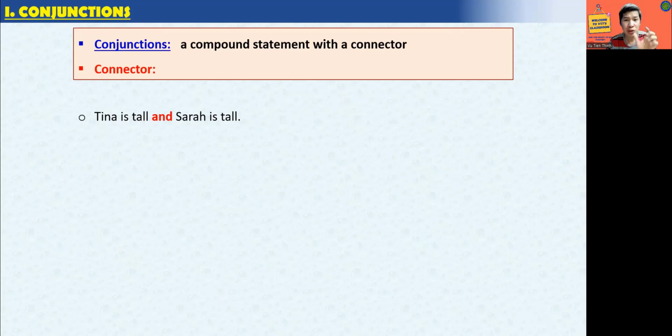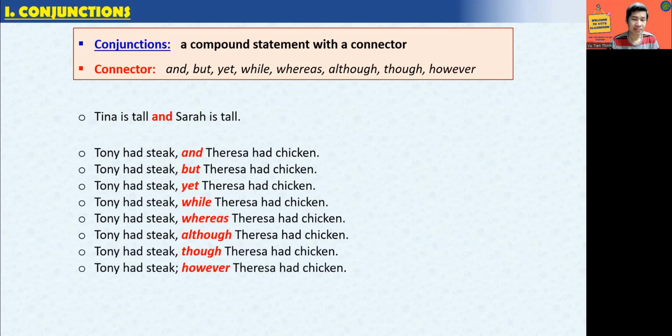It means we have two sentences and each of them has two values, right? And whether it is the connector and, it can be but, yet, while, whereas, although, though, however. The meaning, we don't care too much for the meaning. We just care for the values in critical thinking.